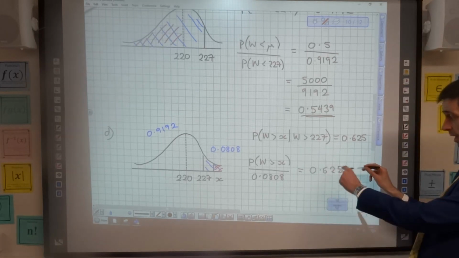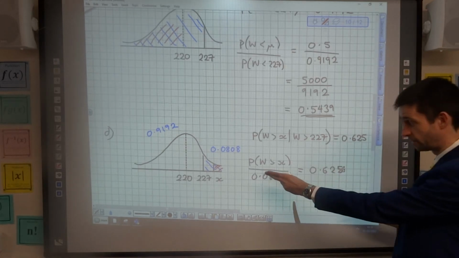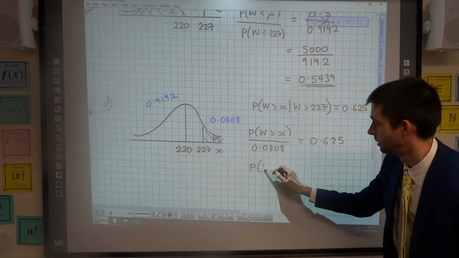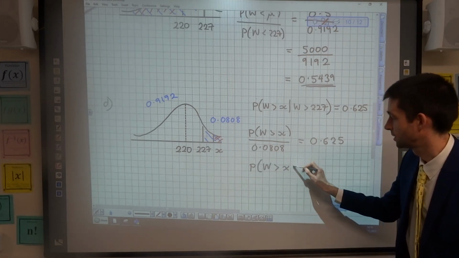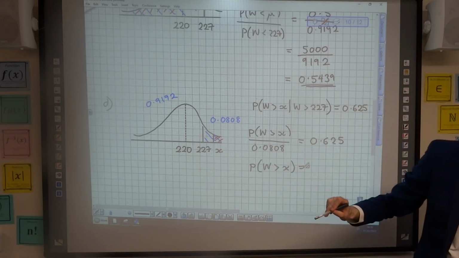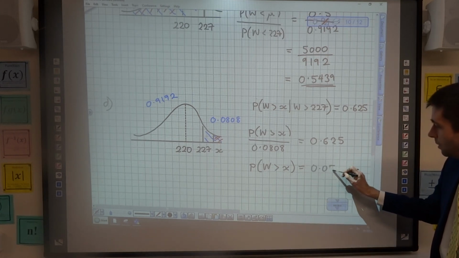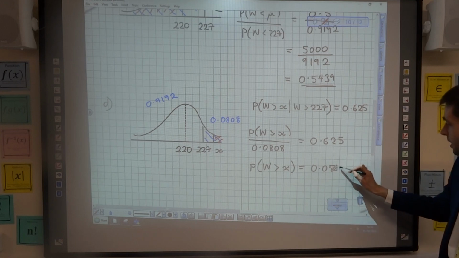So what I can now do is multiply 0.625 by this value here to get the probability that W is greater than x, which is 0.05047.